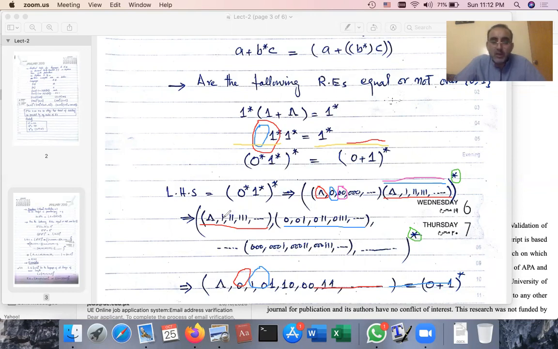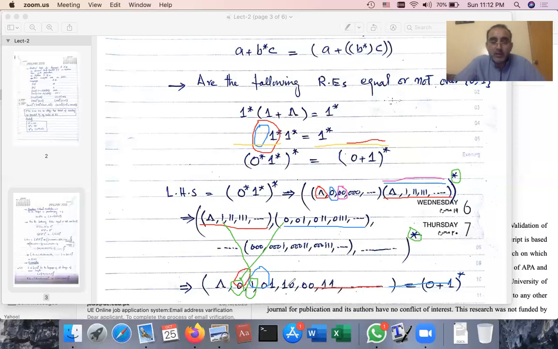This one is here, and you mention this one here as you are seeing. This 0 is here, and you put this 0 here as you are seeing. So you have to remove duplication and then write all the strings that you have obtained here.